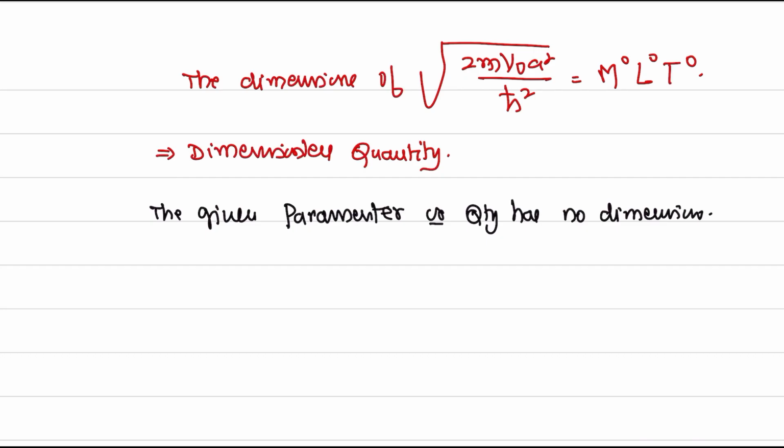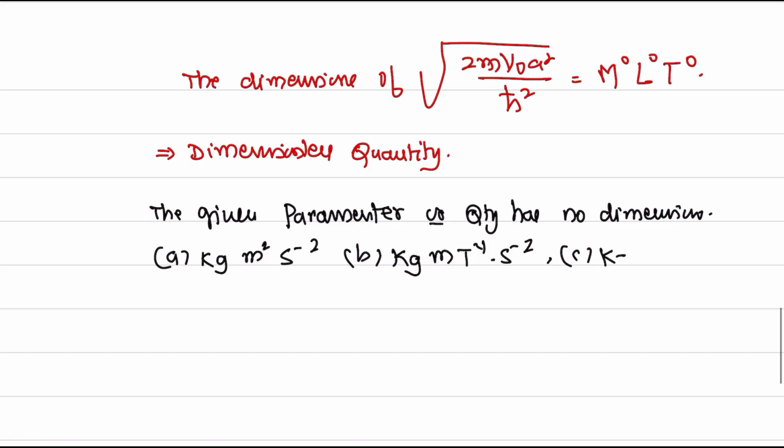The alternatives can be many: kg meter square by second square; then somebody may give kg meter temperature to the power of 4 second square C, kg square meter to the power of -2. People may give some units like this as answers. They can ask dimensions, they can ask units, whatever they ask. S to the power of -3, D, none of the above.